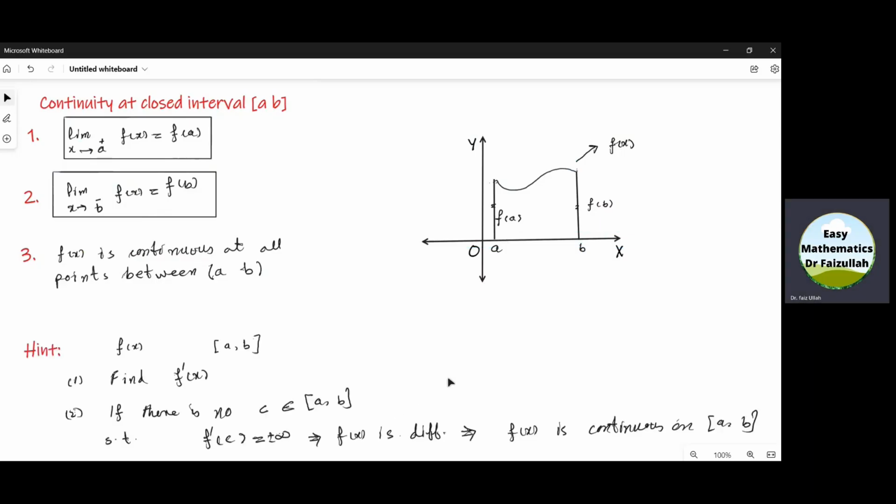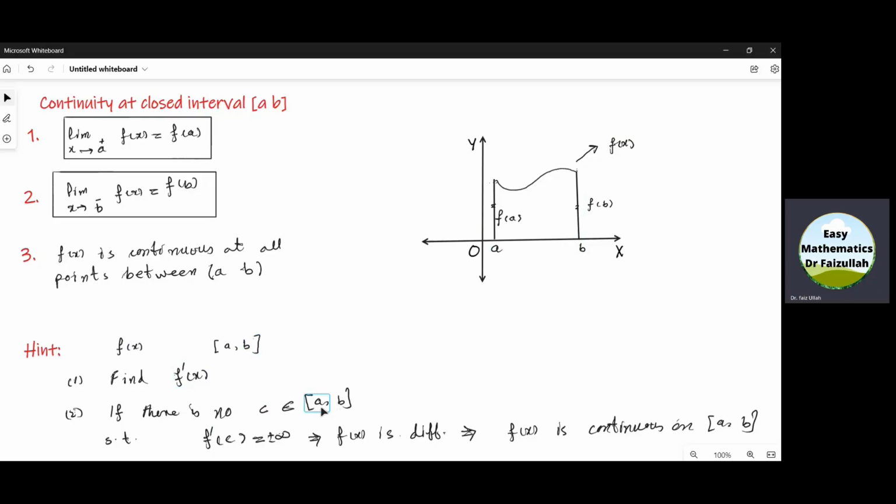As it is a hard and difficult task to determine the continuity of the function f of x at an infinite number of points between a and b, a simple procedure is given in this hint. If we are given a function and a closed interval and we want to determine the continuity of this function on that closed interval, simply differentiate that function and then look at this interval.